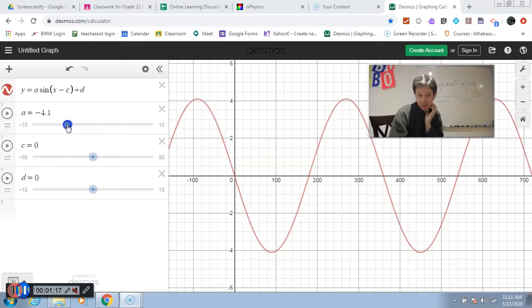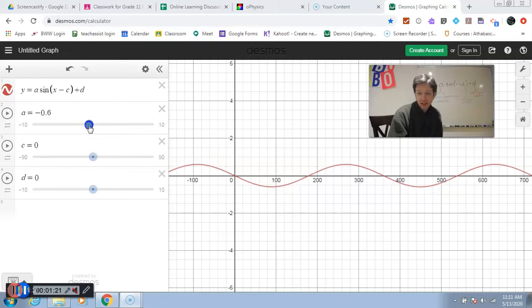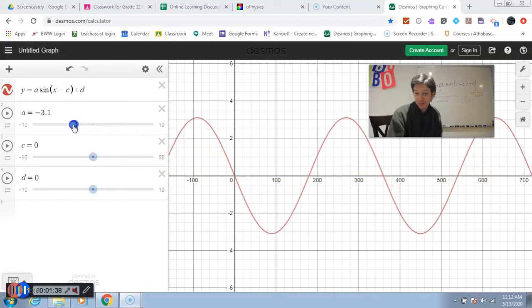Your amplitude becomes smaller when you're between 1 and negative 1, right here. So that would be a compression. Either like maybe positive 0.5, negative 0.5, 0.2, 0.8. Okay, so that would be a compression. If it's negative, we call this a reflection because it flips about the x-axis.